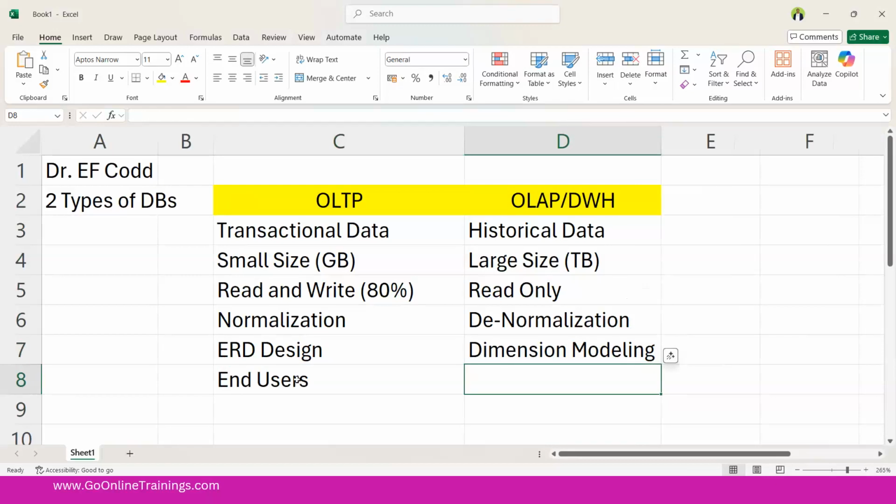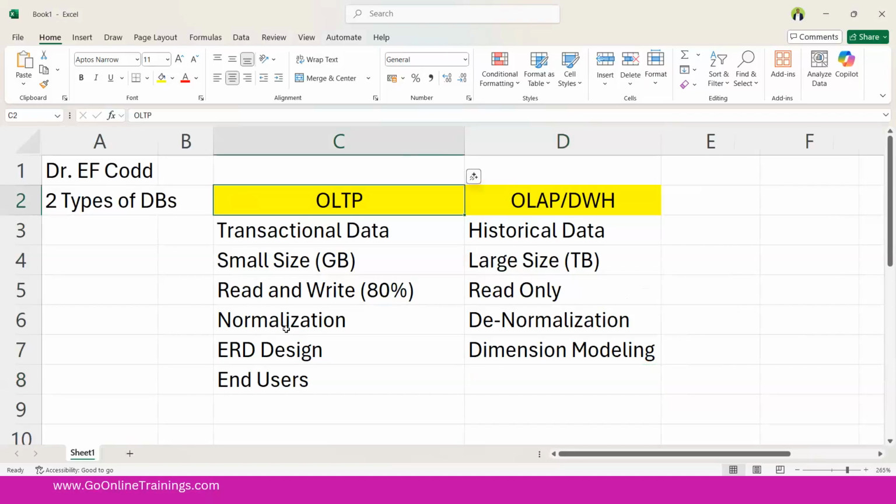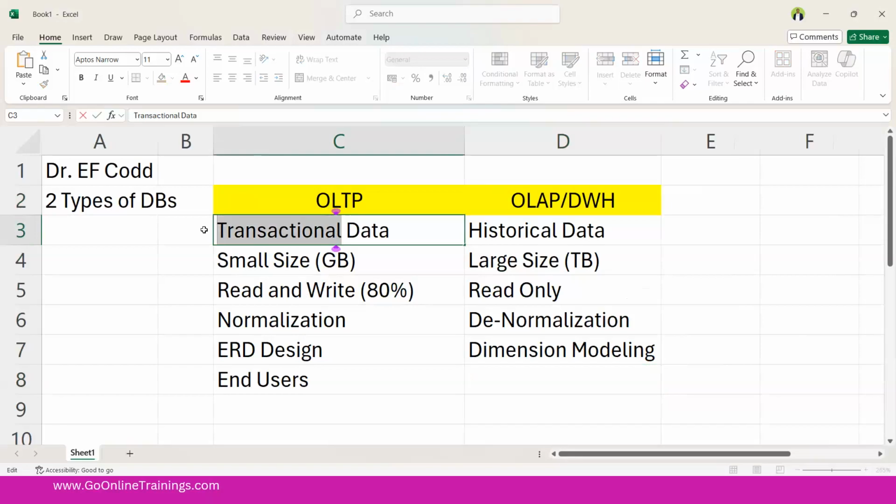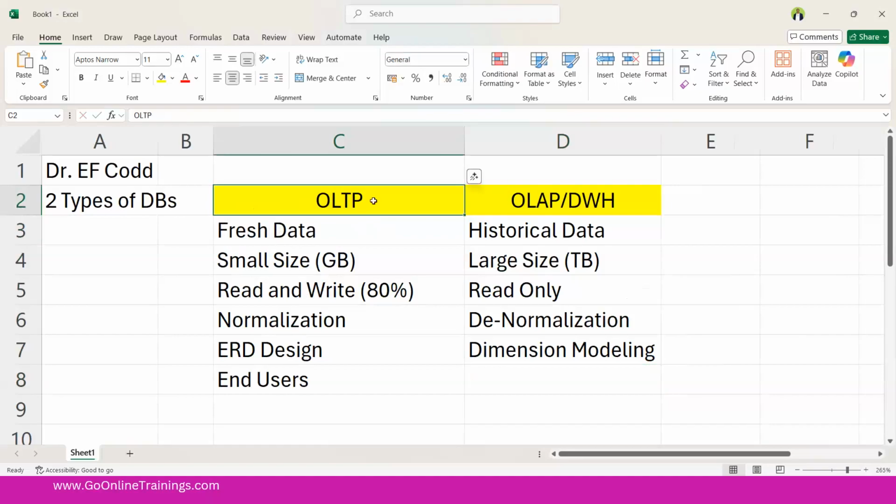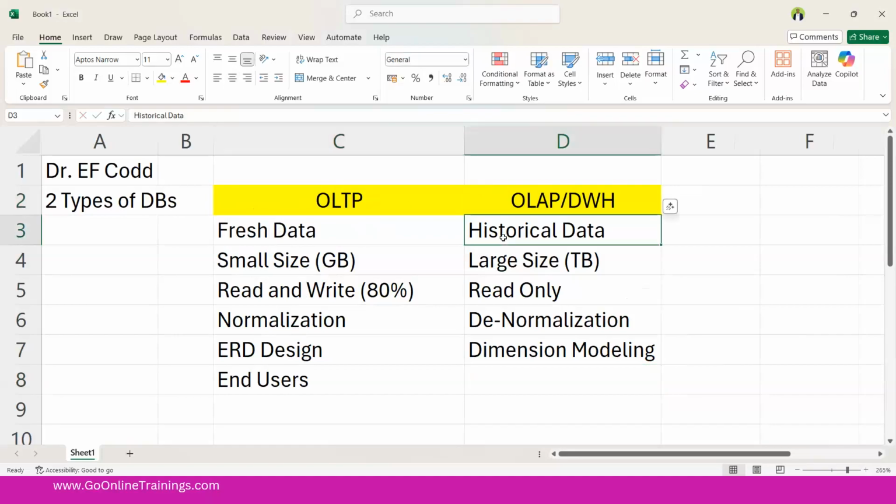Everything that you're going to be using, all of them are called OLTP applications. OLTP will have fresh data, transactional data, right? Whichever application stores fresh or transactional data, that's OLTP, online transaction processing. Whichever application is storing historical data, that is OLAP.